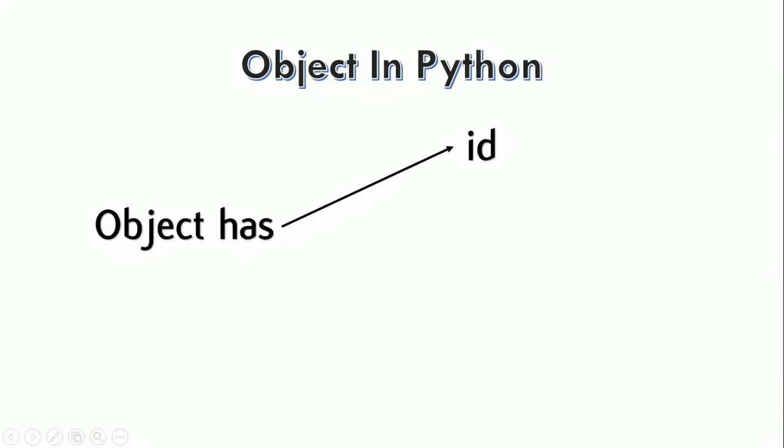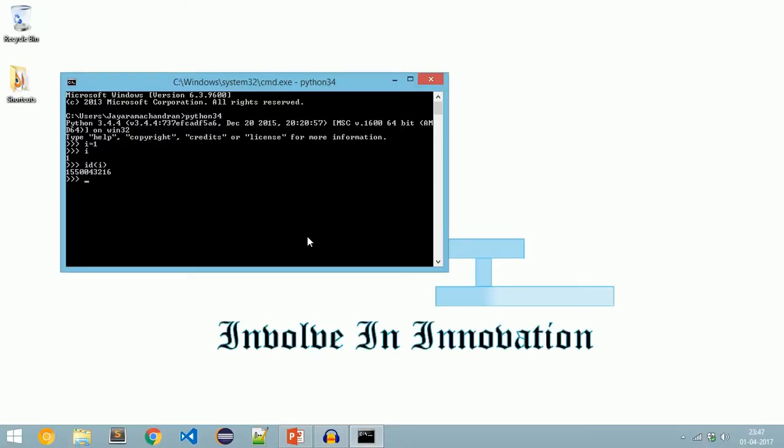The next attribute is type. The type identifies the class of an object. That is, in case of a variable, it identifies the data type. Let's see how to find the type of a variable. To find the type of a variable, you need to enter the function type, followed by open parenthesis, the variable name and close parenthesis.